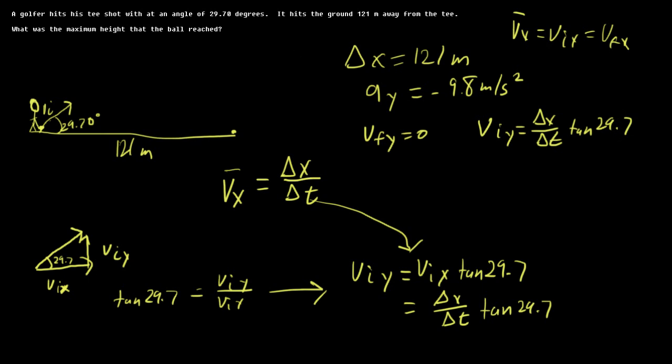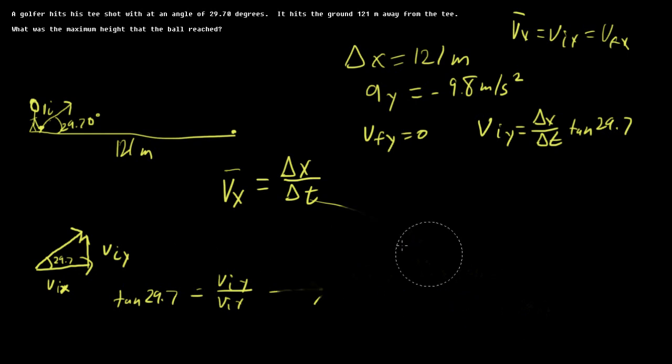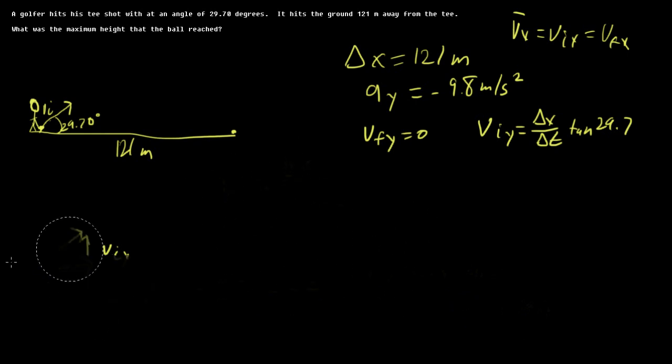Right, that's just algebra that I've done here. No big deal. So now, if we know v_i, and we know v_f, and we know a, we can find, well, what are we actually looking for here? Maximum height. We're looking for delta y.